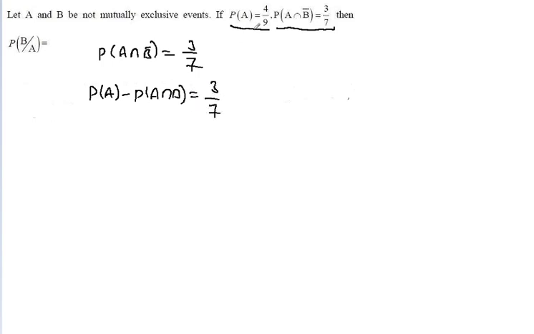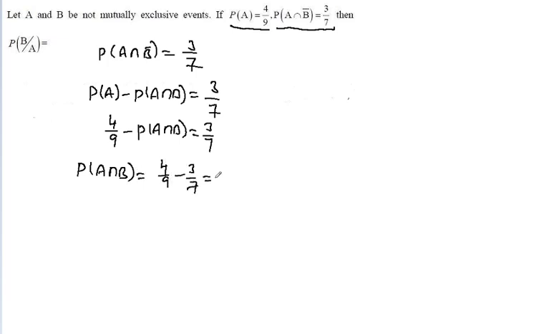Here P of A value is given, that is 4 by 9, minus P of A intersection B is equal to 3 by 7. So P of A intersection B is equal to 4 by 9 minus 3 by 7, that is equal to (28 minus 27) by 63, that is equal to 1 by 63.